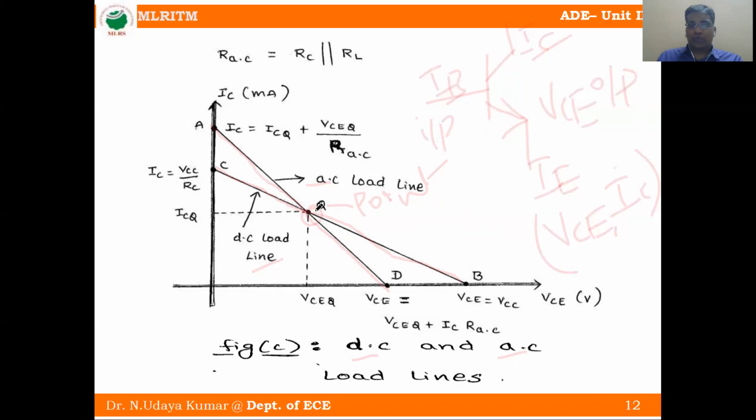What do you mean by Q? This is the x-axis, this is the y-axis. The x-axis is VCE, so VCE comma ICQ. Here Q point means VCEQ comma ICQ is called the Q point.